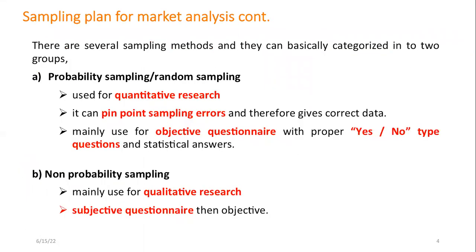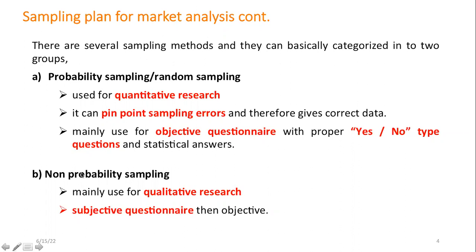What are sampling methods? Two major categories: probabilistic sampling and non-probabilistic sampling. What is the main difference between these two? In probabilistic sampling, we select the sample randomly, and all the elements have an equal chance of getting selected.